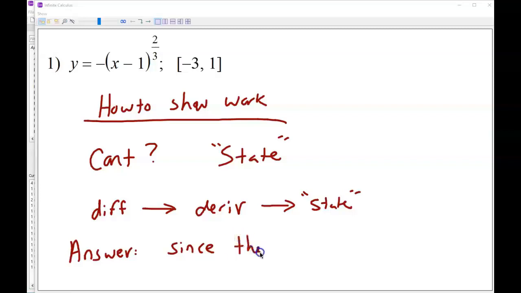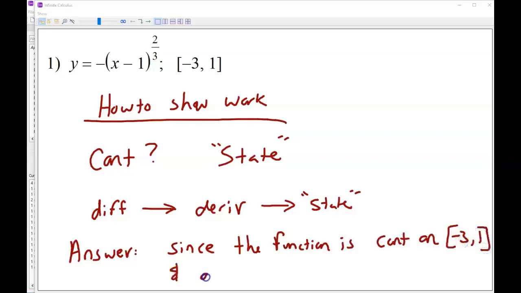Since the function is continuous on -3, 1 and differentiable on the open interval -3, 1, it is, well, actually we should say both MVT and EVT apply.